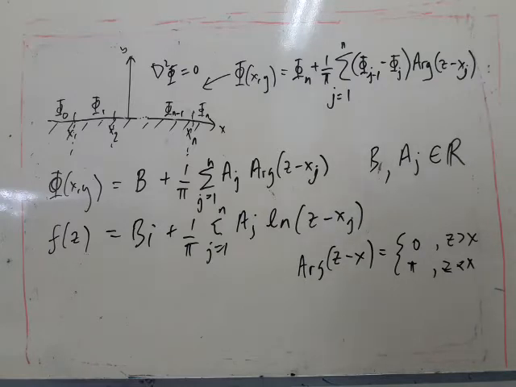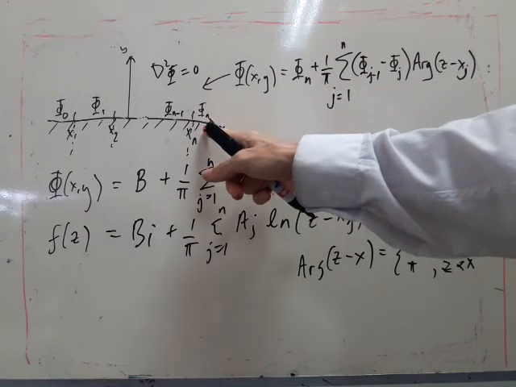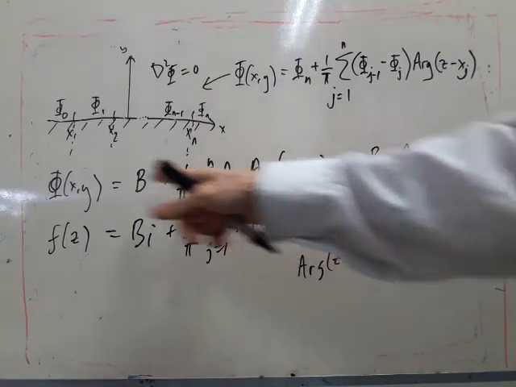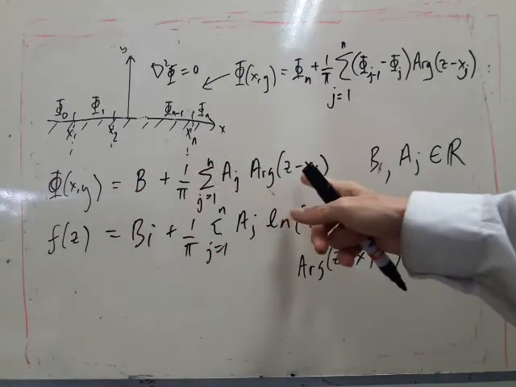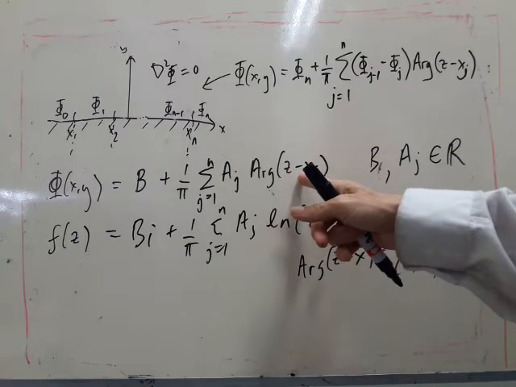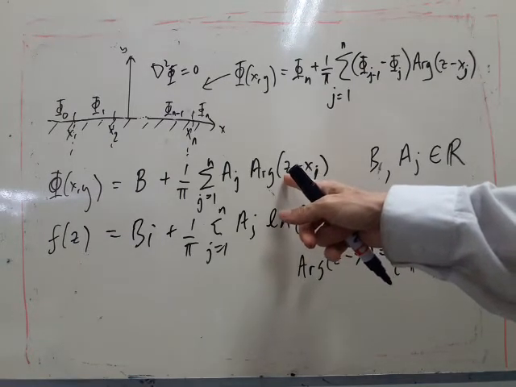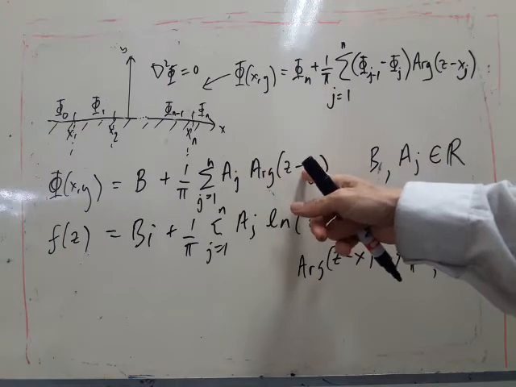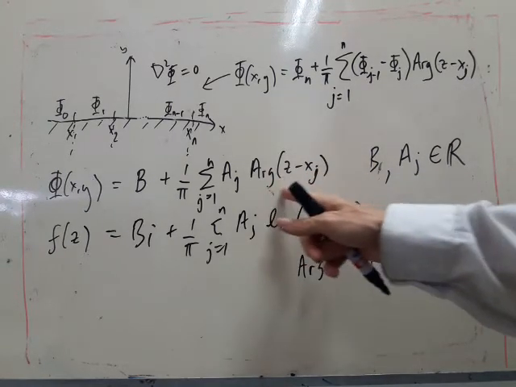Okay, so let's consider what happens when x, in this case, is greater than xn. Well, if x is greater than xn, then z is greater than all of the xj, so this will be 0.